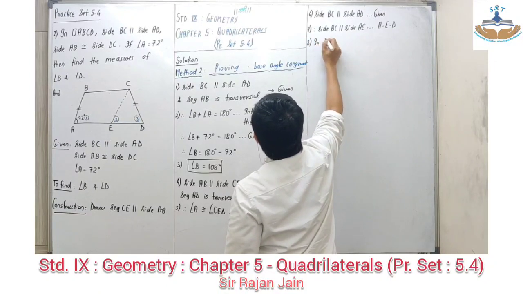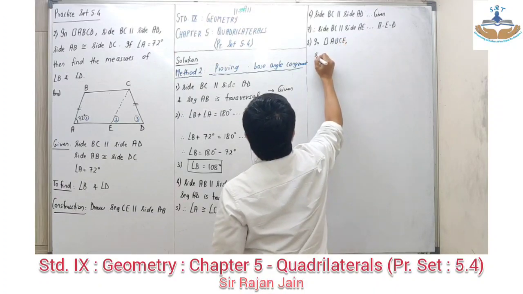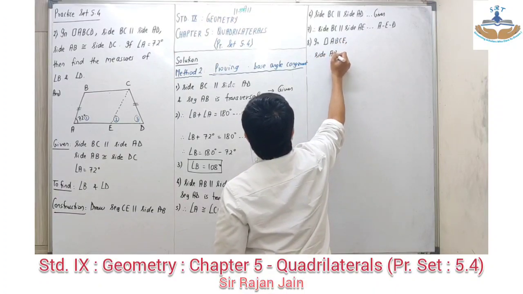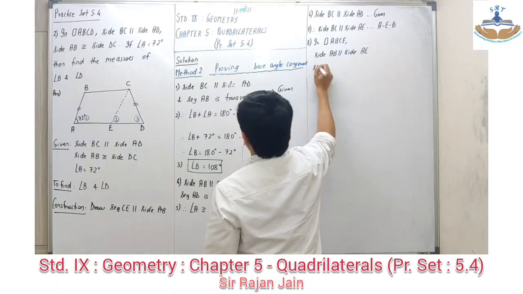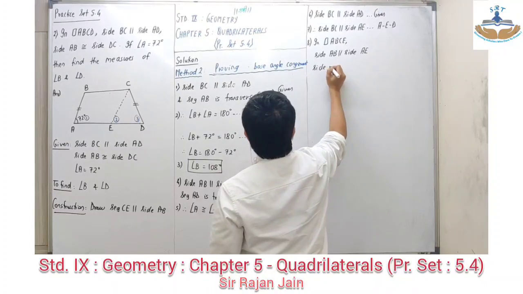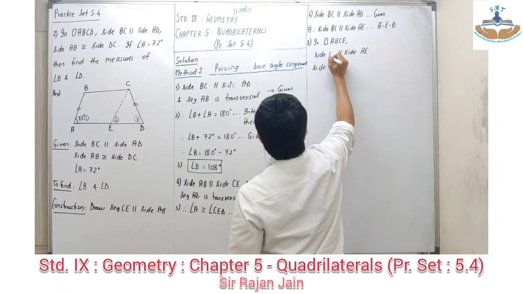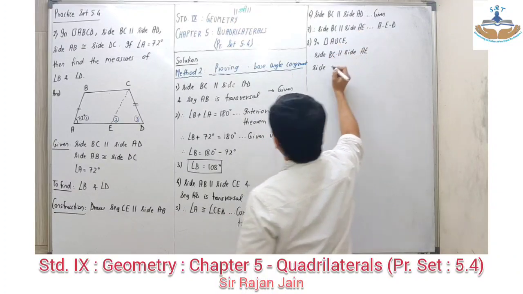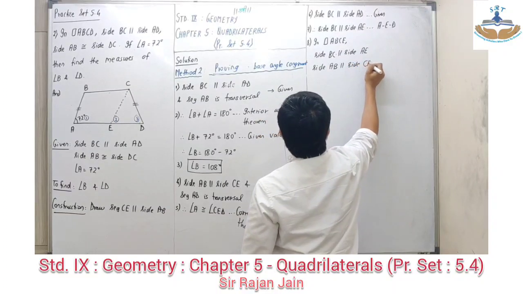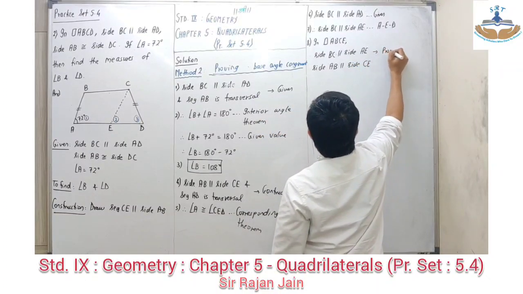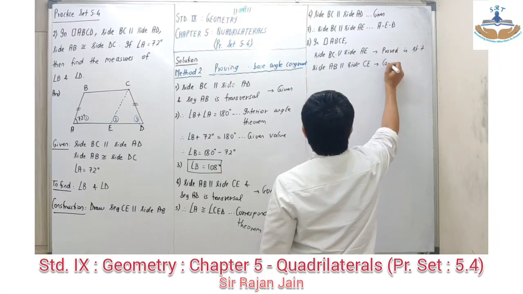Then I'll say in quadrilateral ABCE, side BC is parallel to side AE and side AB is parallel to side CE. Here I will write proved in step 7. Here I will write construction.